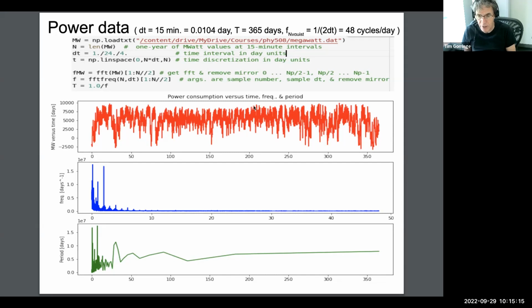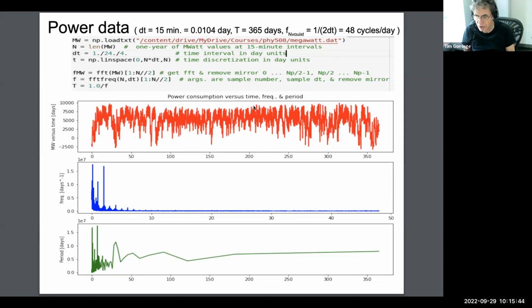But before I do that, let me just make a comment about the range of the frequencies that are observable in the power consumption data. So you look at the plot of the frequency distribution, it runs from zero cycles per day to close to 50 cycles per day, 48 cycles per day.